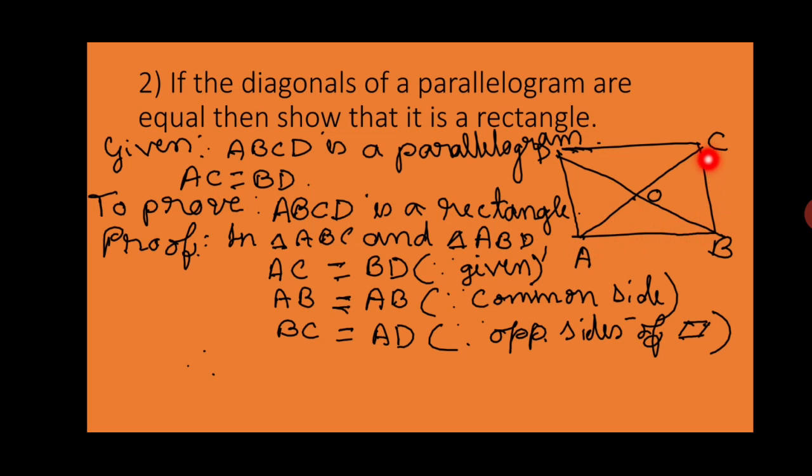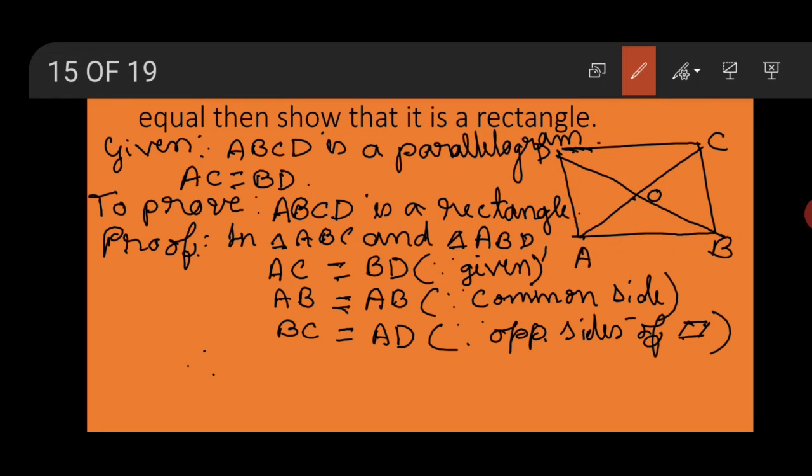Therefore, they are congruent. Therefore, write down triangle ACB is congruent to triangle CAD. Reason? Yes, congruency rule.